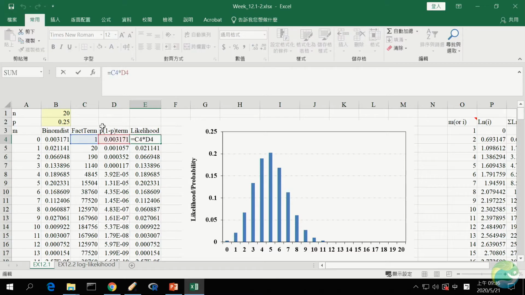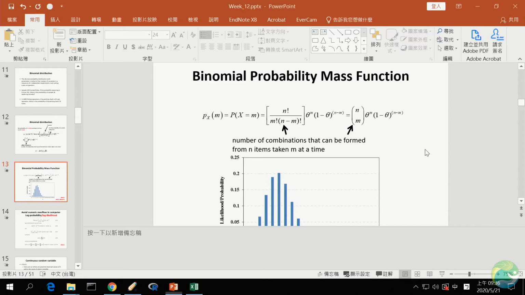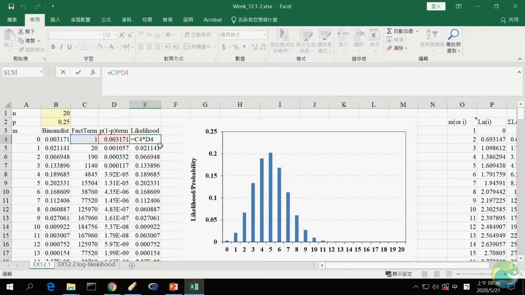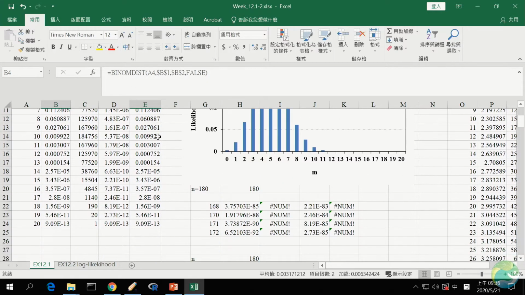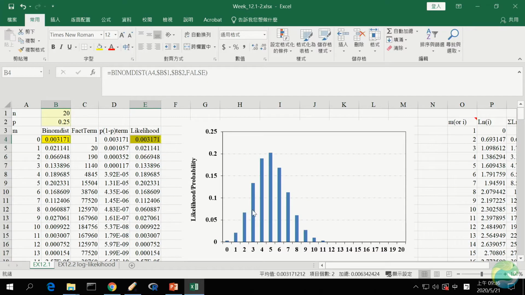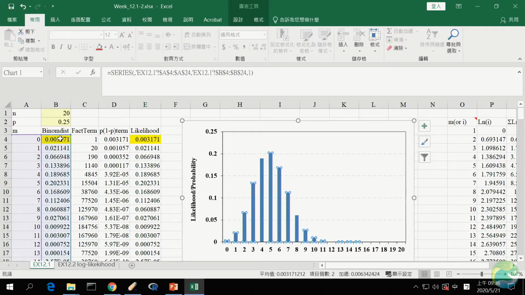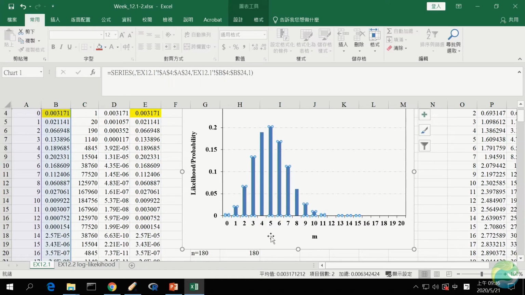We can multiply the factorial term and the probability term together, then we have the probability. These two numbers are the same. Then we can plot the probability and the outcome together, and we get this figure.